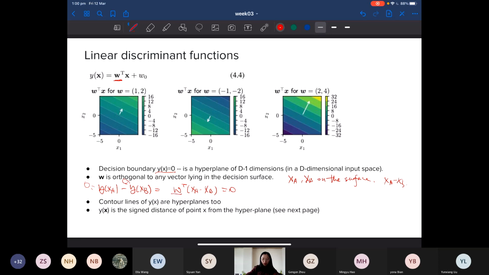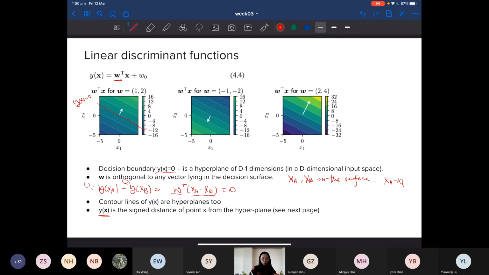Therefore, w as a vector is perpendicular to the difference of xa and xb, because that is how orthogonal vectors are defined: two vectors are orthogonal if and only if their inner product is 0. As we said, contour lines are hyperplanes, and let's say these are lines of y of x equals 0.